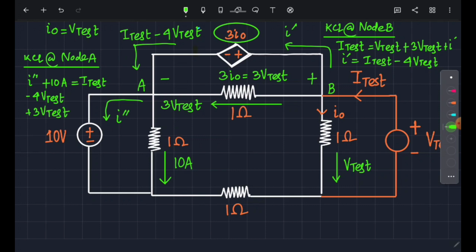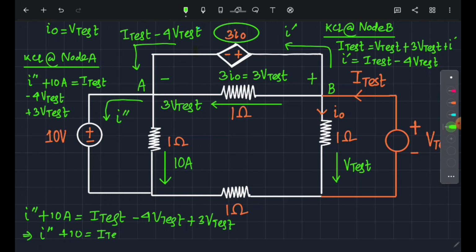So what do we get? Let's write it cleanly over here. 10 amps is equal to I test minus 4 V test plus 3 V test. So we get I double dash plus 10 is equal to I test minus V test.